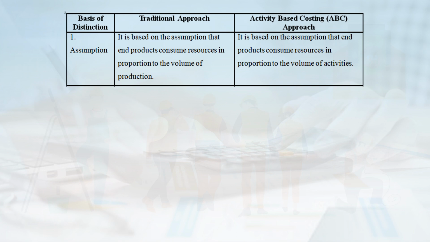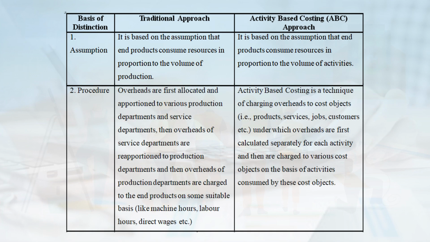Under traditional approach, it is based on assumption that end products consume resources in proportion to the volume of production, whereas under ABC approach, it is based on assumption that end products consume resources in proportion to the volume of activities.